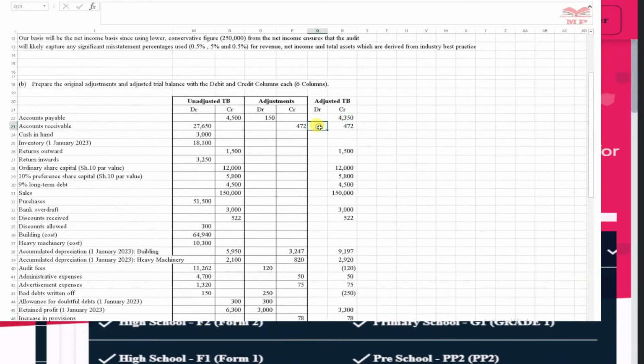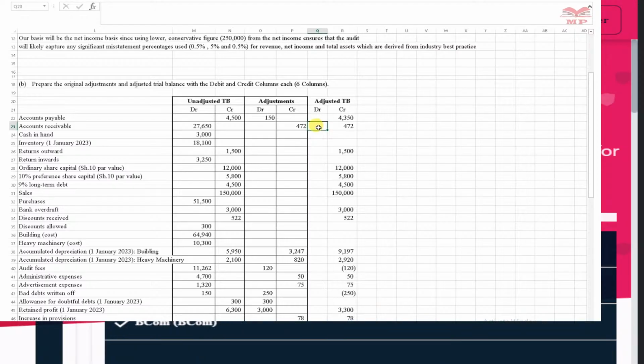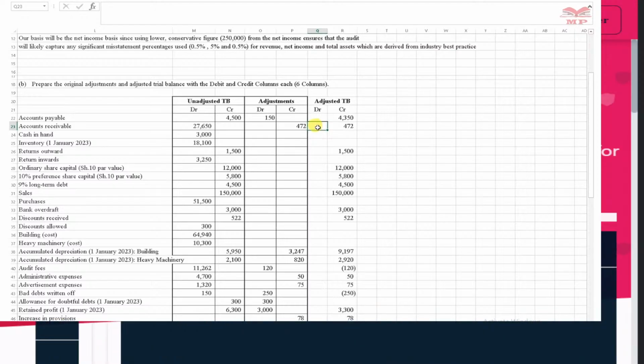For the receipts, for the debits, we're just going to pick the accounts receivable.